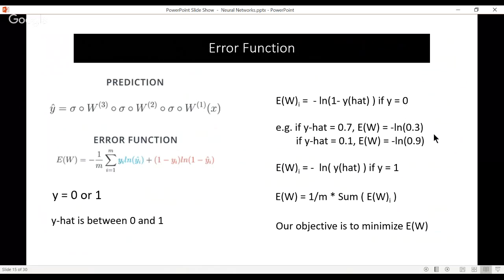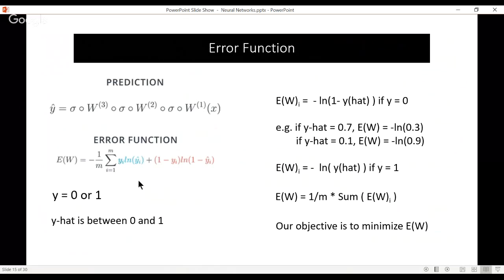When you compare these two errors, this is more negative, so it's a low value, and this is a higher value. So your minimization function has an incentive to reduce this to a lower value, and by doing so it will adjust the weights such that y hat becomes low and goes closer to 0. Same thing happens for y equals 1, but in the reverse direction.